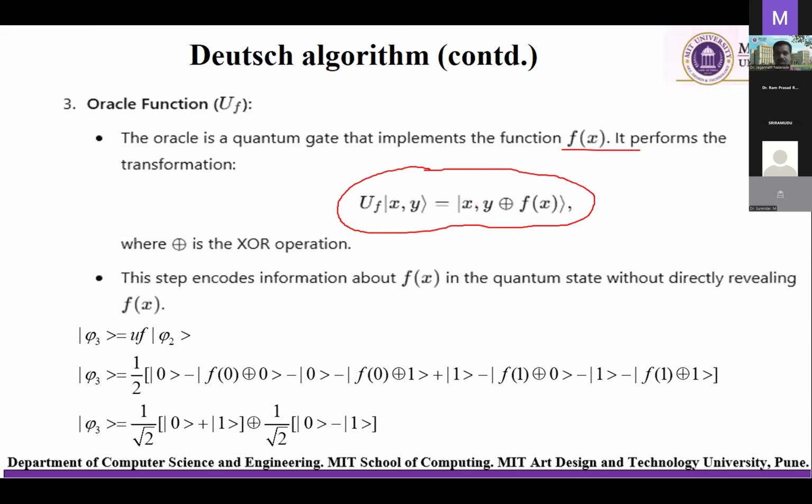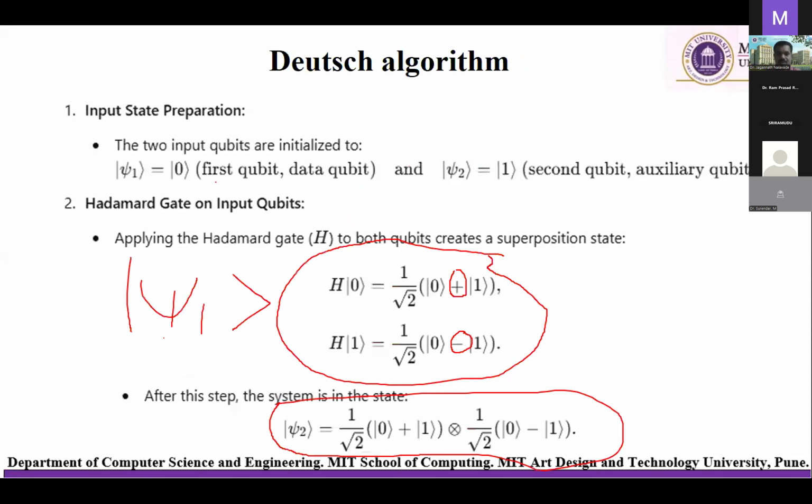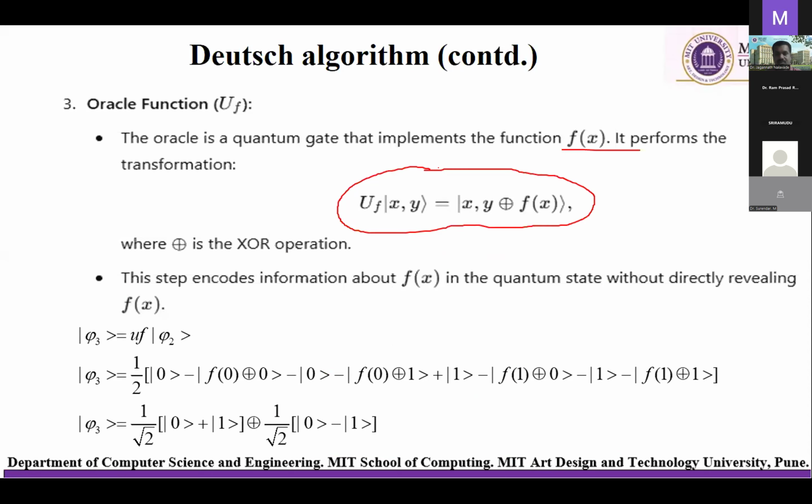Here we are considering x and y, but in our example these are the different values we are passing. At first ket psi 1 gives this output, then ket psi 2 gives this output, and this is given as input to this UF function.